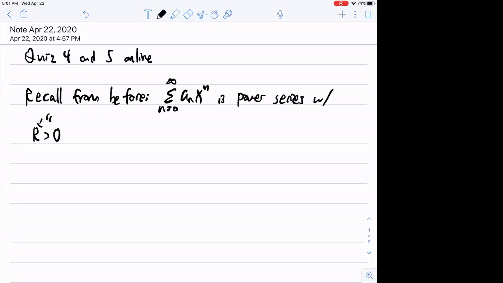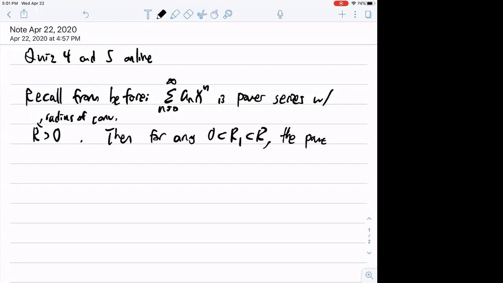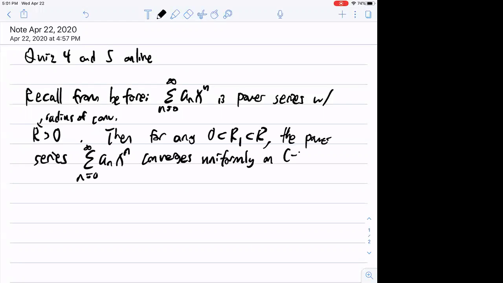Then for any number r1 between zero and r, our power series, sum n equals 0 to infinity of a_n x^n, converges uniformly on negative r1 to r1 to a continuous function.